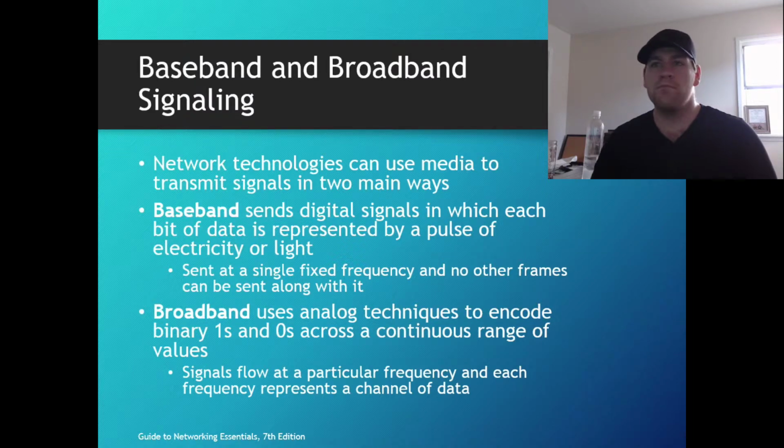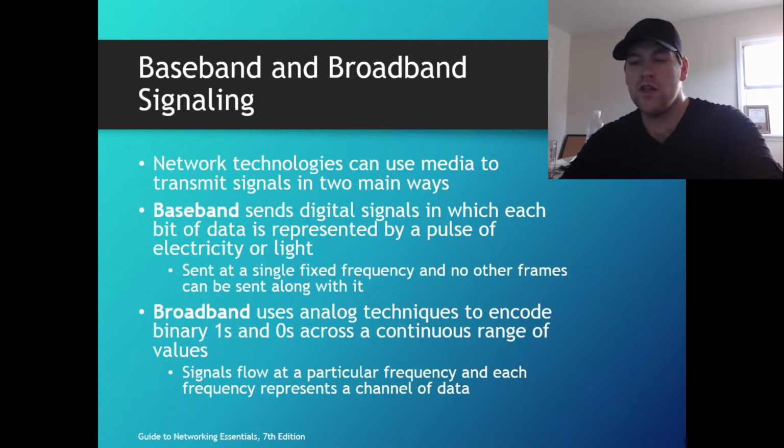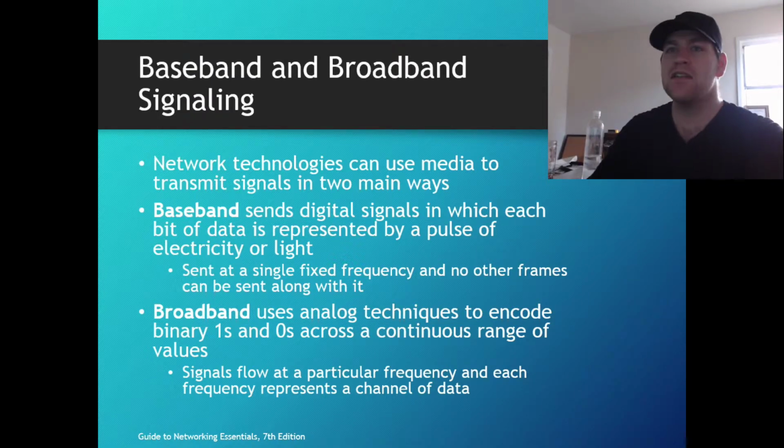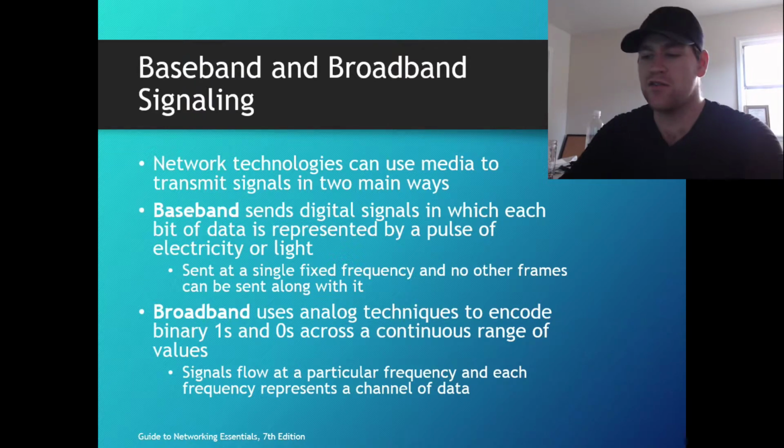Okay, so a quick distinguishment I want to make. Some network technologies can transmit signals in two ways, and I would say pretty much all LAN technologies are going to utilize baseband as their methodology for transmitting signals. Baseband, if I had to graph it on a chart, would be something to this effect.